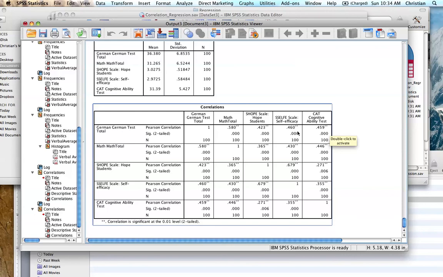Then you could also do significance tests about the difference between correlations. Well, is this correlating lower with math than self-efficacy, or is math statistically significantly higher correlated with German than hope? But this is another story, here just to show that you can make these tables.